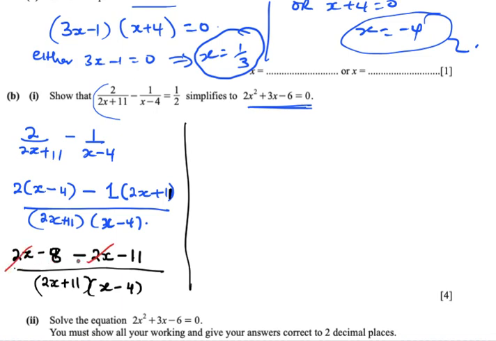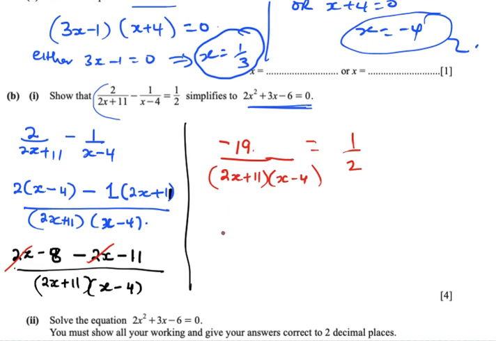So negative 8 minus 11 would be negative 19. Negative 19 over 2x plus 11 into x minus 4, and then we shall equate everything to a half.